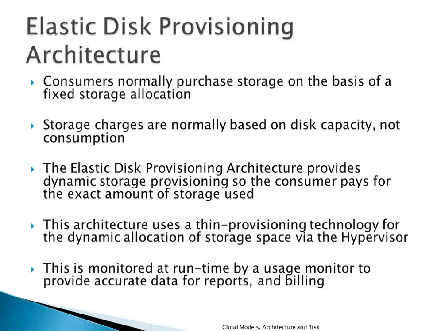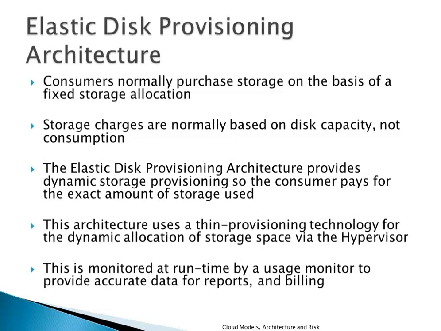Your storage charge is normally based on the disk capacity that you've ordered rather than the consumption you're actually using. You might say, I've got a big project coming up, I'm going to need 500 terabytes of storage, so I'll order 500 terabytes. If you do it on a straight fixed storage allocation, you pay for the 500 terabytes beginning day one, whether you've used it or not.